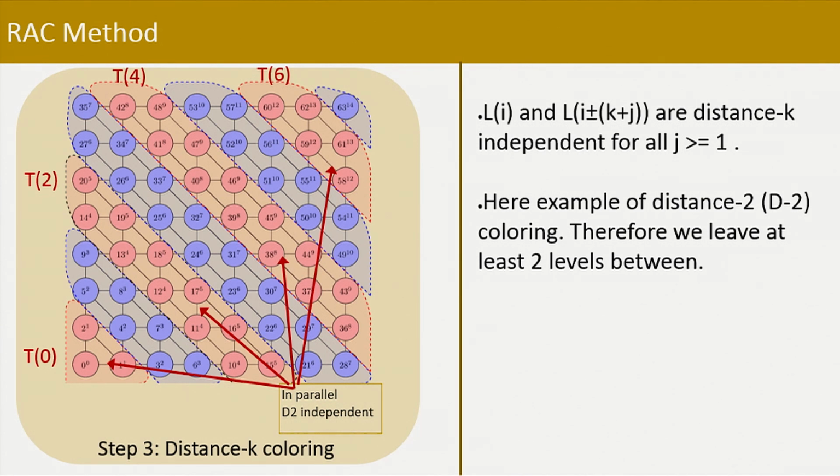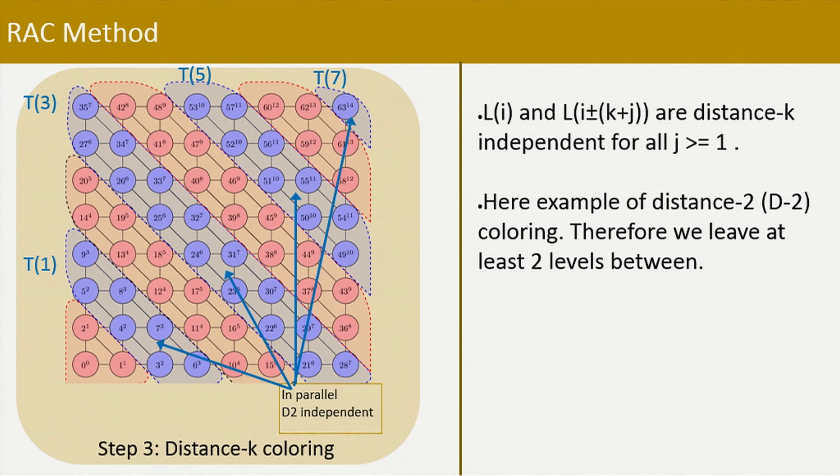Now, all the red colored level groups are independent of each other because they are separated by two levels formed by blue level groups between them. And similarly, blue level groups are independent of each other. Now, threads are assigned to level groups of a single color and they can operate in parallel. Once red colored level group is finished, it can move to the blue level groups.